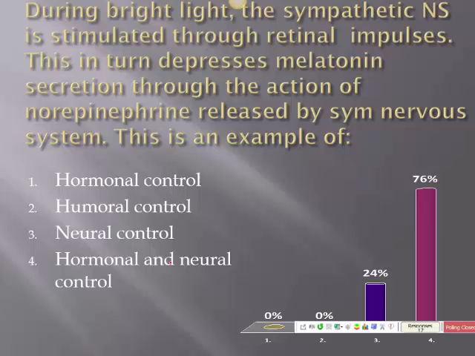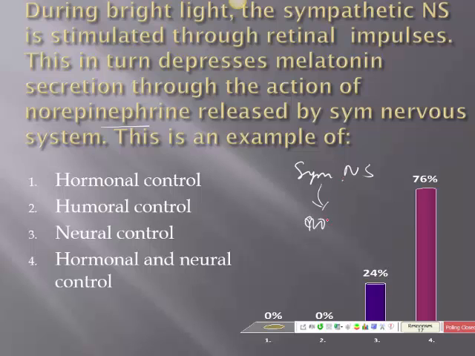And here's why. We have light stimulating the sympathetic nervous system. And then I said the sympathetic nervous system depresses melatonin secretion, but that is done through the action of norepinephrine released by the sympathetic. So the sympathetic nervous system goes to the adrenal medulla and causes release of norepinephrine.